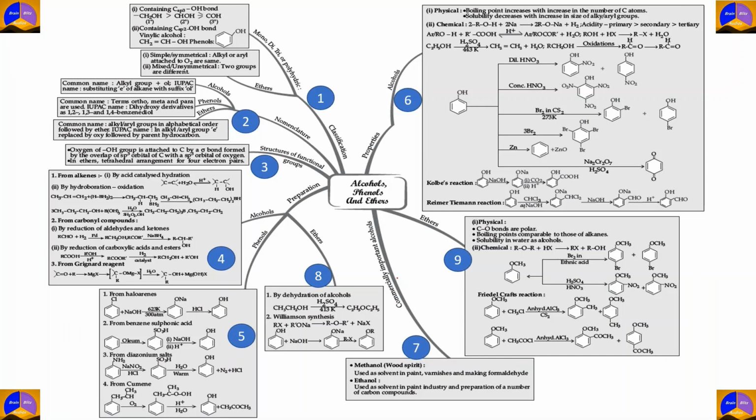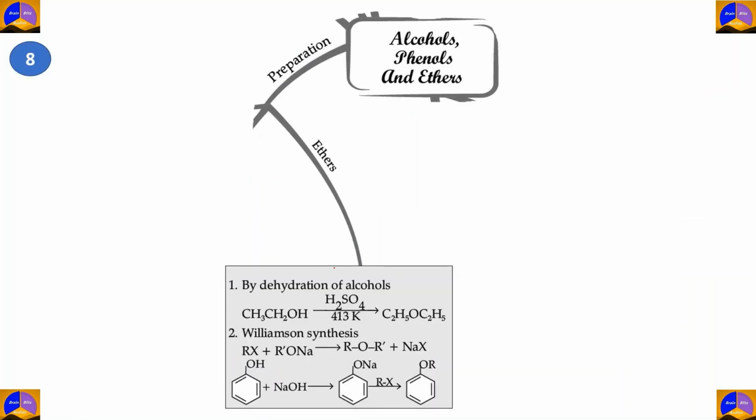Let's move on to ethers. How do we prepare ethers? The first thing is by dehydration of alcohols. So we have an alcohol here, and we expose it to sulfuric acid at a temperature of 413 degrees Kelvin to form an ether.